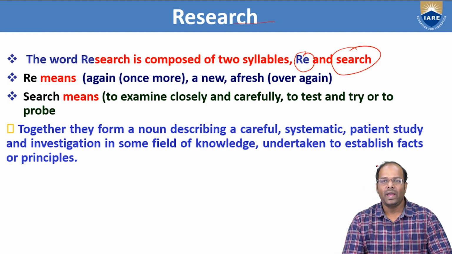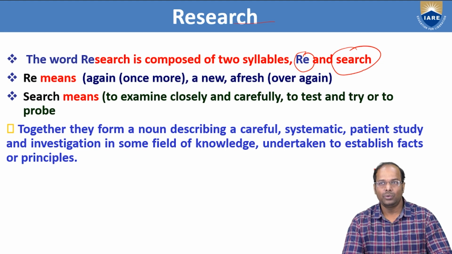Search means to examine closely and carefully, to test and try, or to probe. Together they form a noun describing a careful, systematic, patient study and investigation in some field of knowledge, undertaken to establish facts or principles, which is called research.